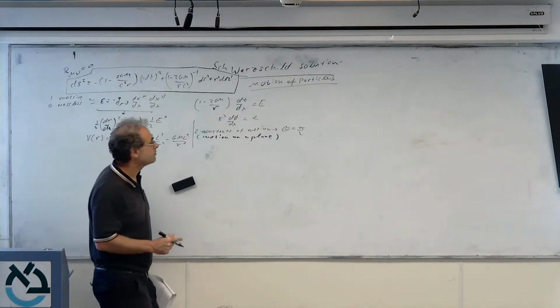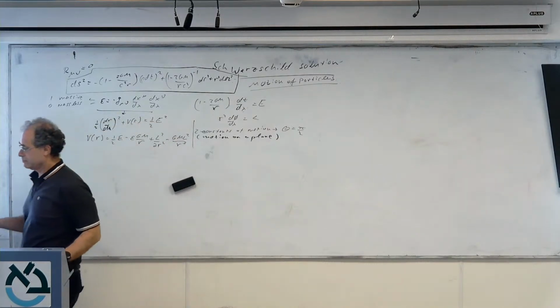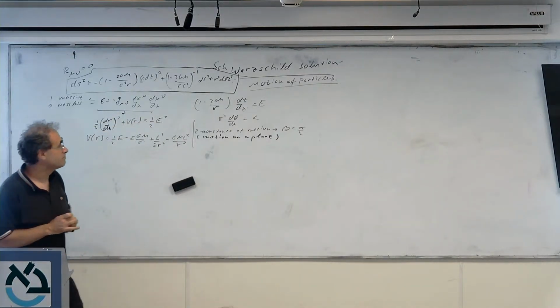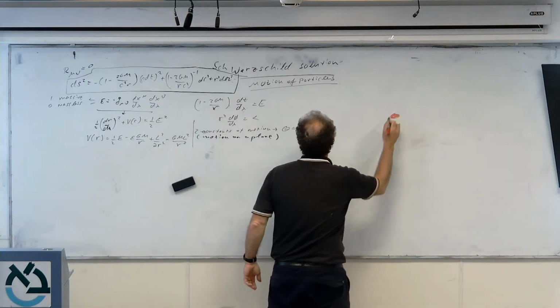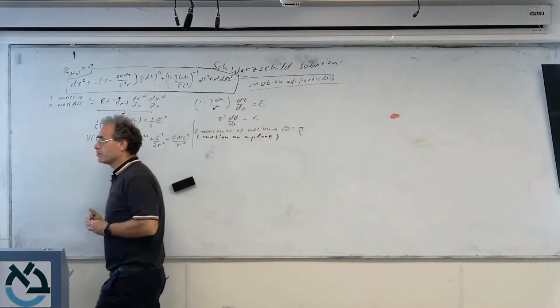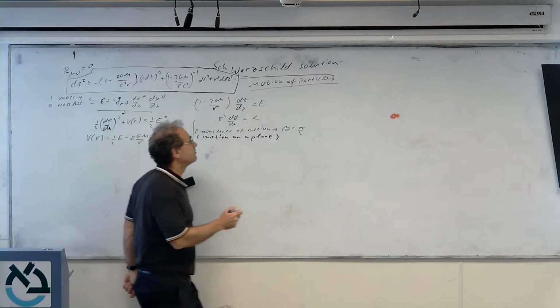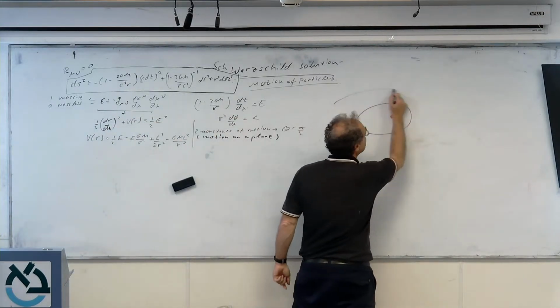The source of gravity, let's say the sun, for example, and the two types of trajectories: closed trajectories, ellipses, and open trajectories.